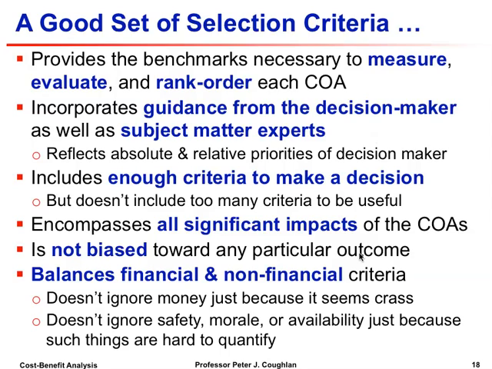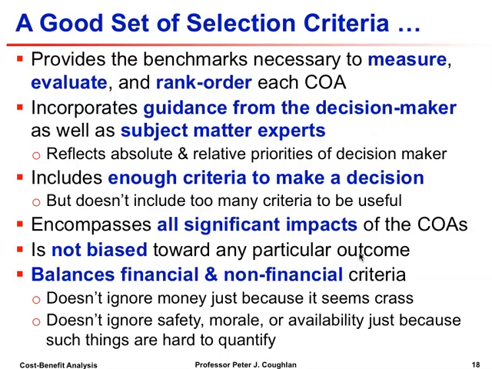We want to incorporate guidance from the decision maker. Of course, in the end, if we're creating a cost-benefit analysis report and trying to decide the criteria upon which we're making our choice, what are the criteria that the decision maker has in mind? But also from subject matter experts, because sometimes they may have some understanding of what might be the important criteria in the particular problem you're addressing.